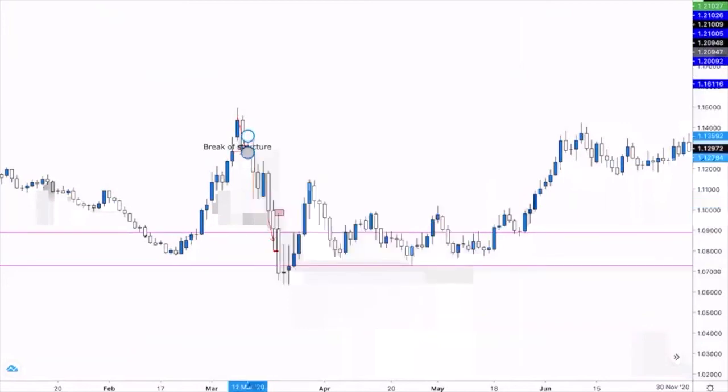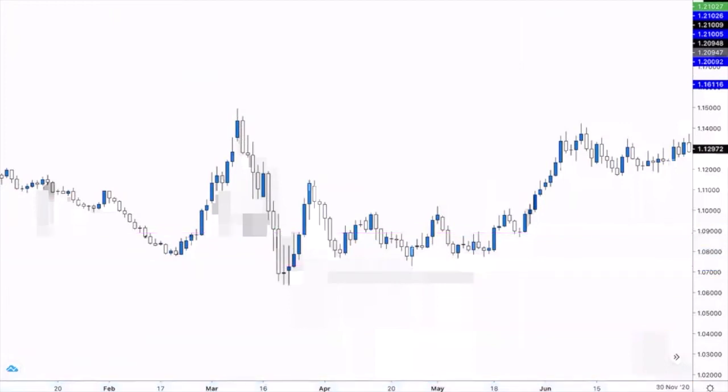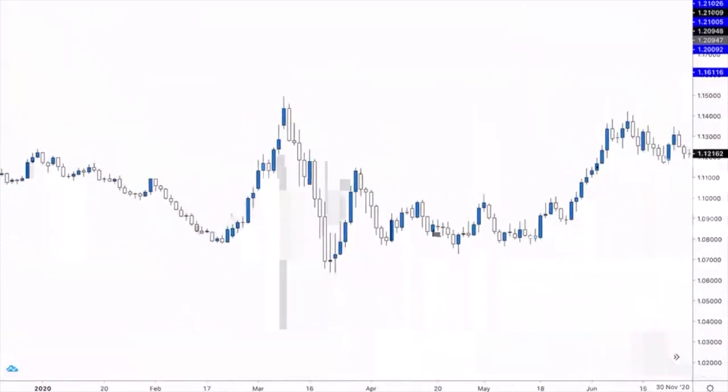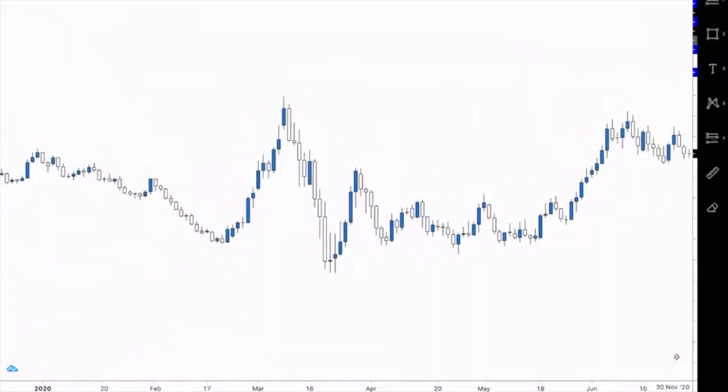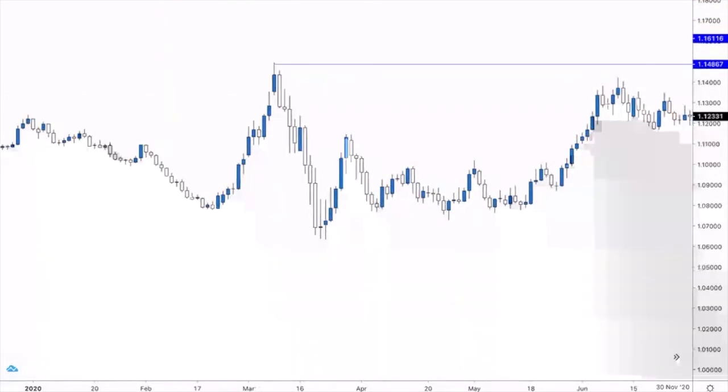This would be considered a range, from the high to the low.